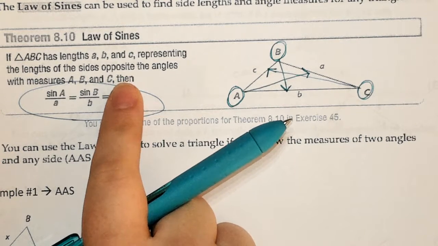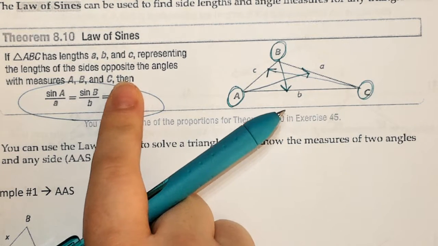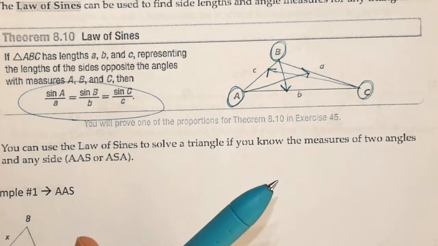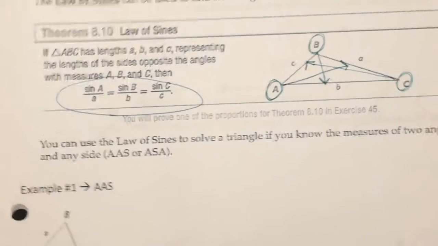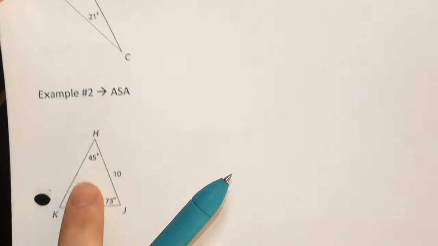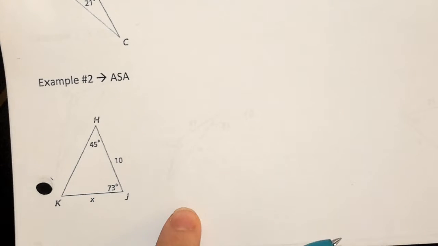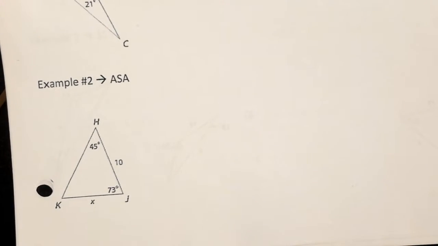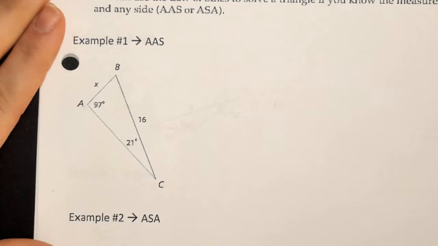Cross multiply. Which is why we only need 2 and not 3, right? You do have to pick which ones. And it might not always be A, B, and C. If you look at example 2, you see H, K, and J, but it works the same way. It's just not A, B, and C. You're fine.